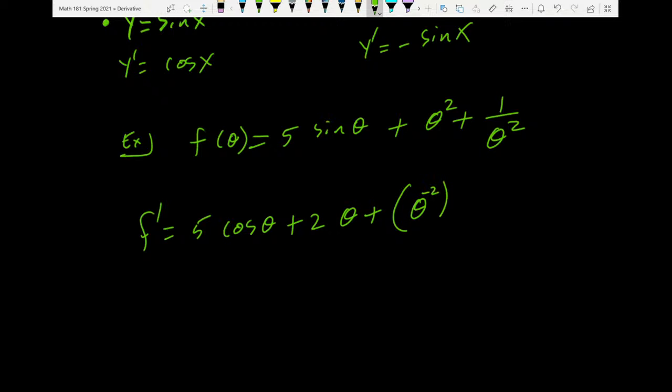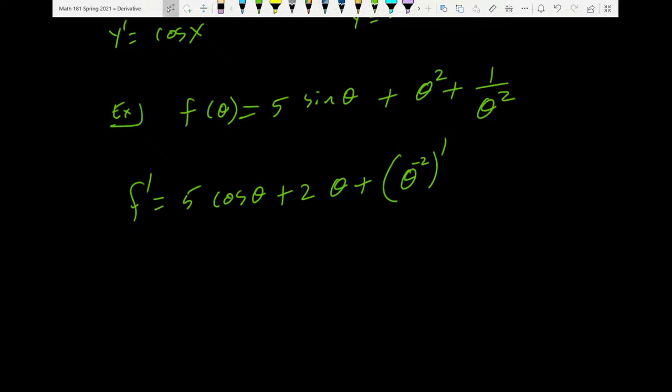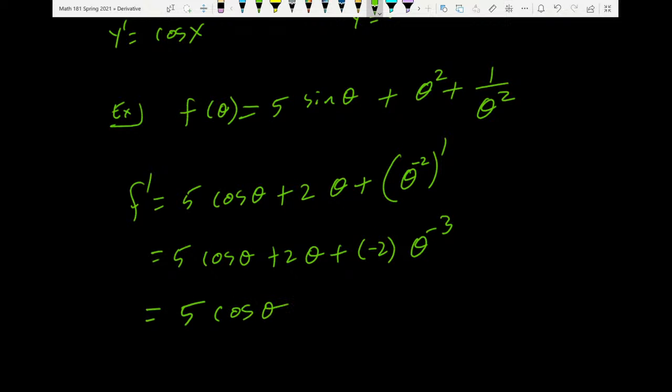What I'm going to do is, this symbol means derivative, and I'll do that separately right now. Cosine of theta plus 2 theta plus negative 2 theta cubed. So if I simplify it, 2 theta minus 2 theta cubed. Any question?